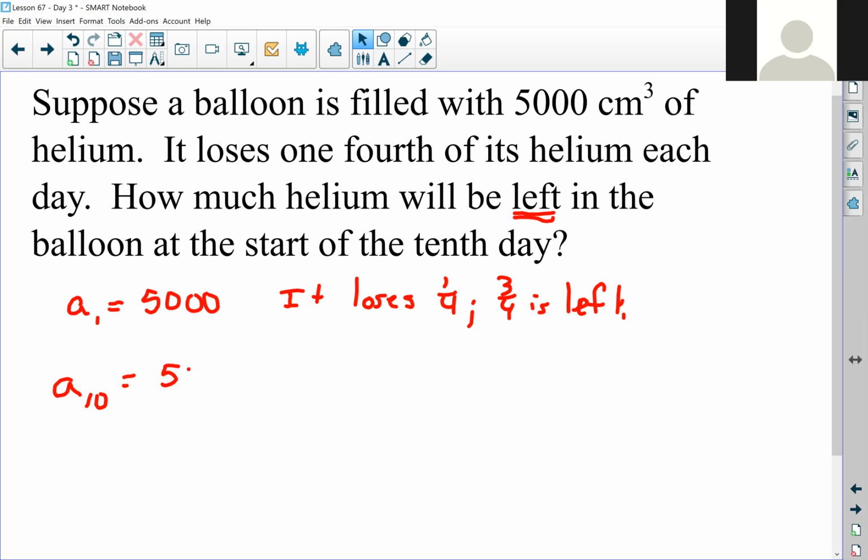we take our 5,000 times 3/4 to the 10 minus 1.